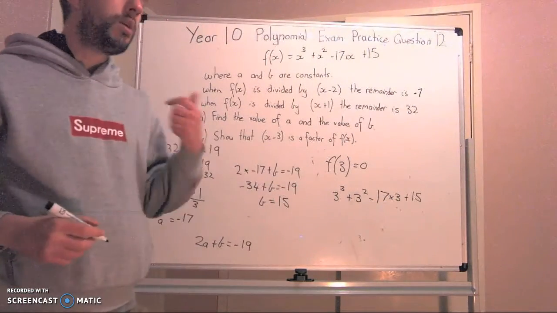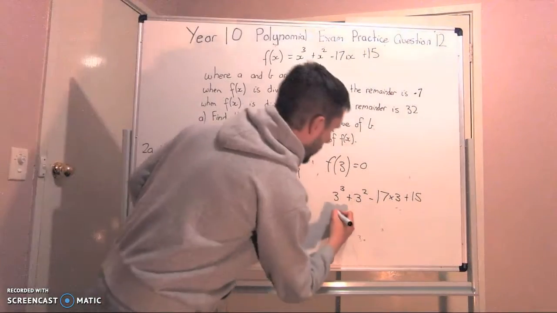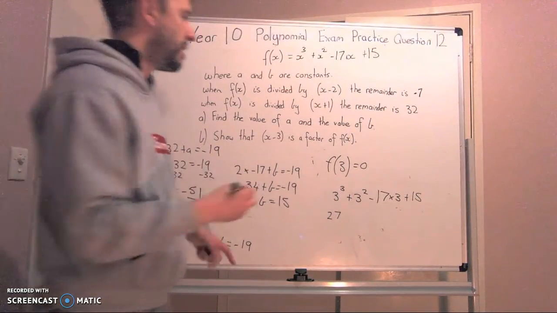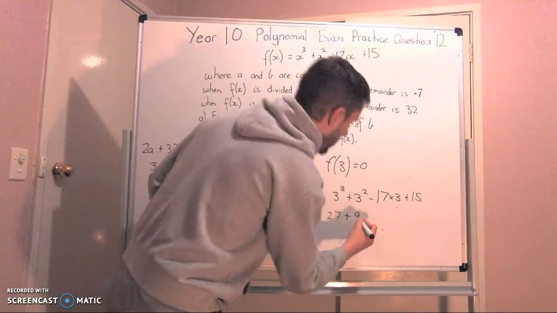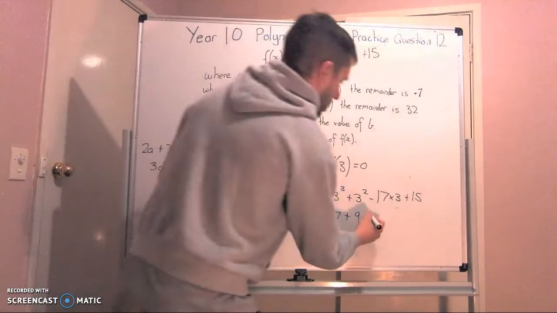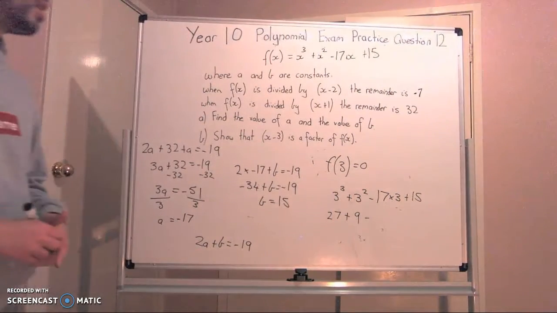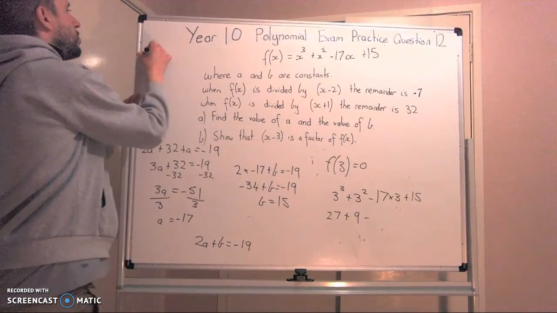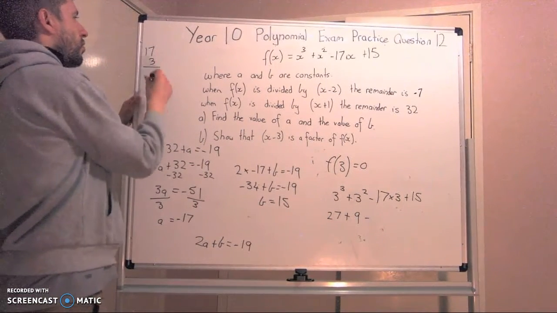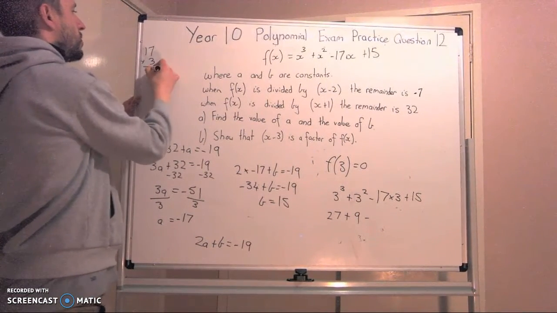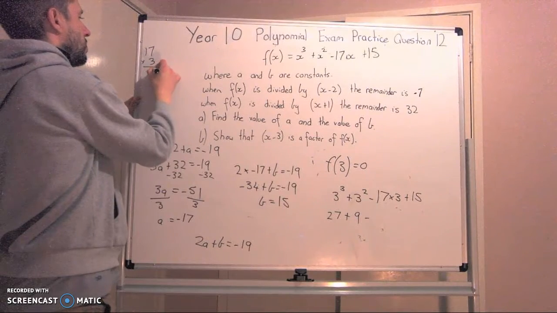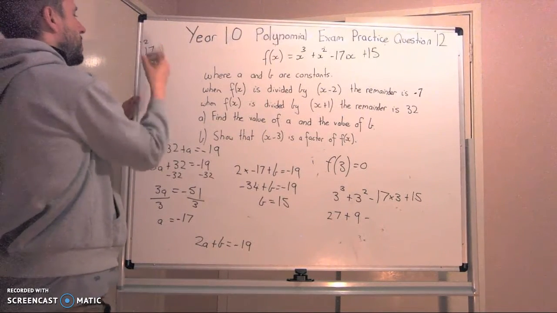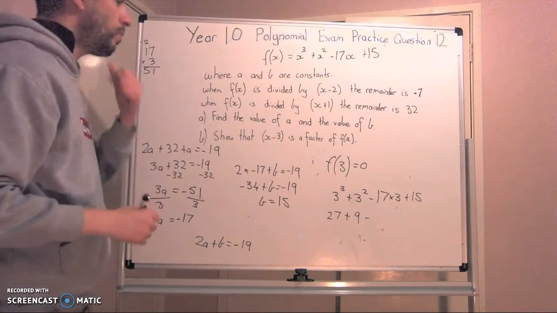So 3 to the power of 3 is 27. 3 squared is 9, so I'm plussing 9. And then I'm taking away 3 lots of 17. So I'll do it on the side. 3 times 7 is 21. Carry it over. 1 times 3 is 3. 3 plus 2 is 5. So that's 51.